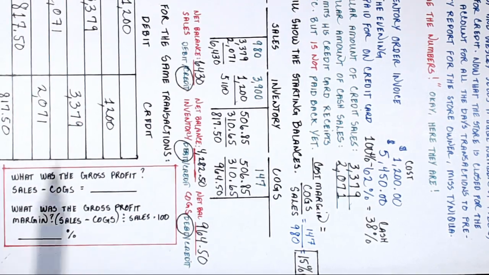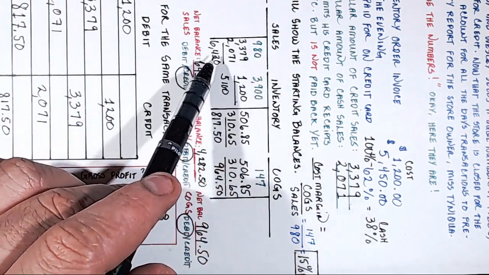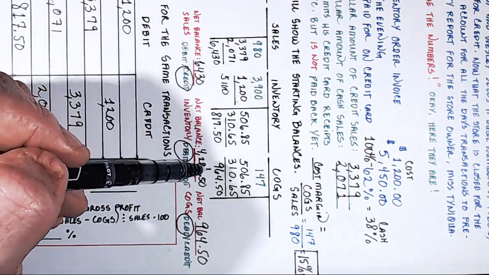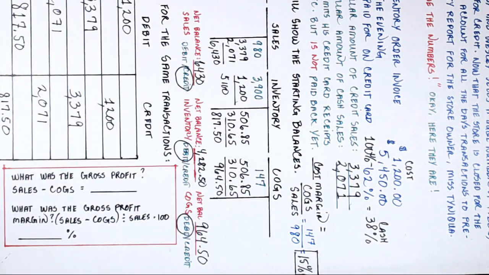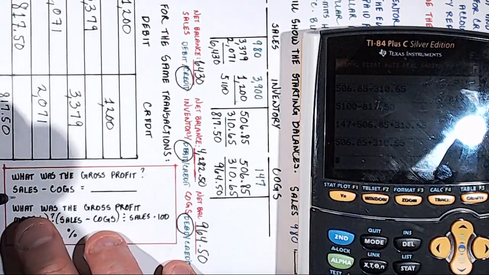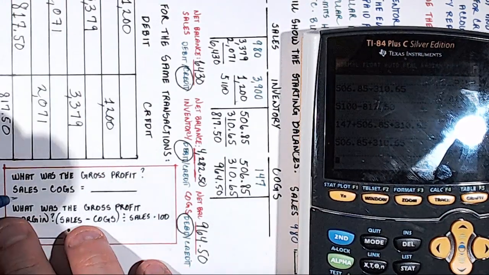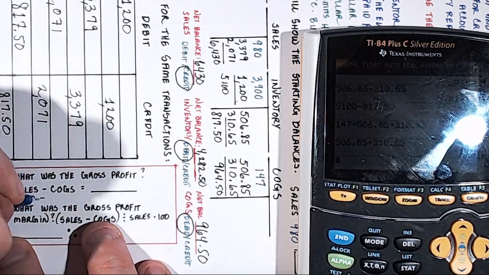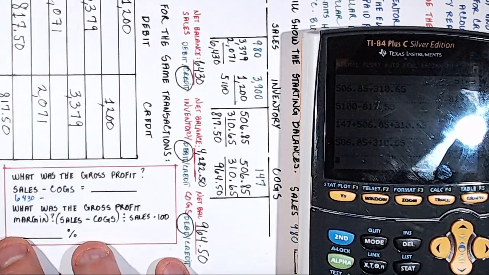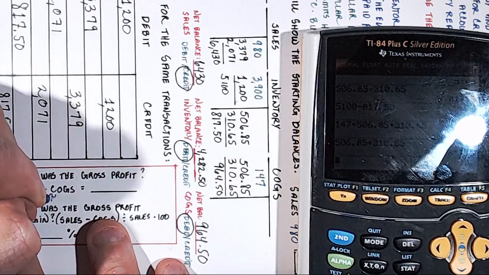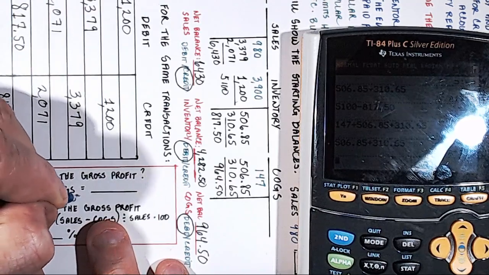So I will show the total sales, okay, which would be $6,430 minus the total cost of goods sold, which would be $964.50. So sales minus cost of goods sold will be $6,430 minus cost of goods sold, which is $964.50.